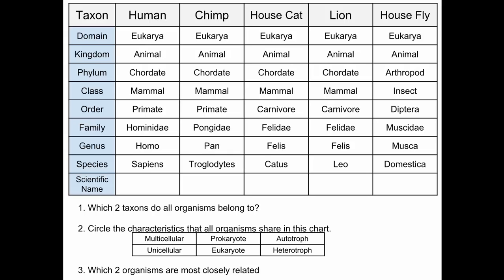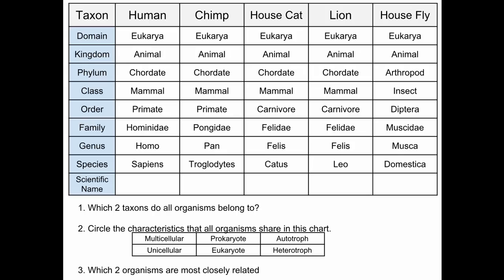All of these are in the eukarya domain. They're all in the animal kingdom. Most of them are in the chordate phylum, but not the housefly. Do you remember what I said about the chordate phylum? Isn't it the vertebrates? Yeah, these are the vertebrates. An arthropod is not. And then we can continue further from there.